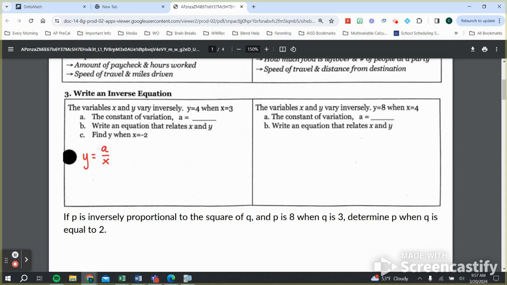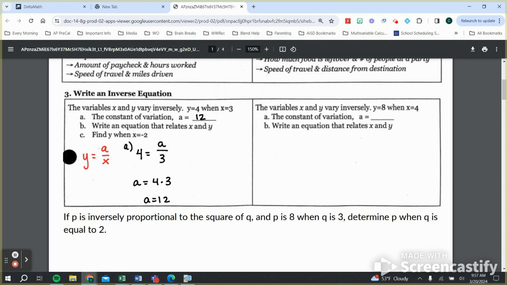And it says y is equal to 4 when x equals 3. So let's just go ahead and plug it in. So for letter A, we have a y of 4, our a we don't know, and our x is 3. So to solve for a, we just multiply 4 times 3, which is 12.